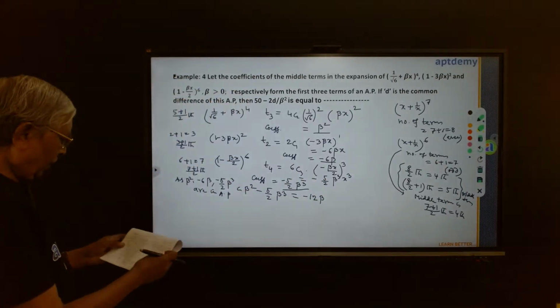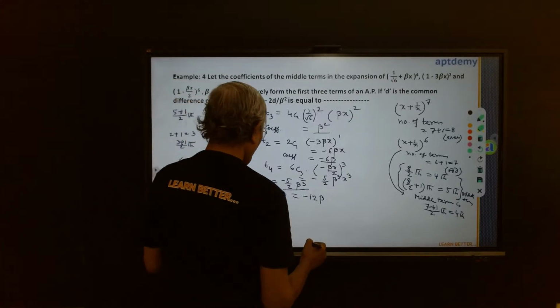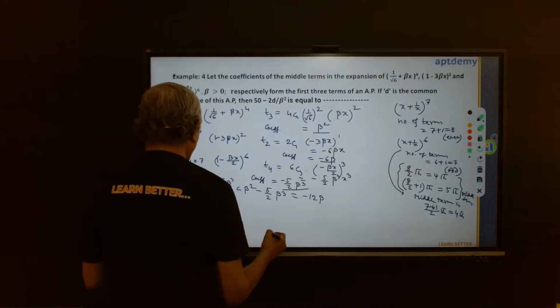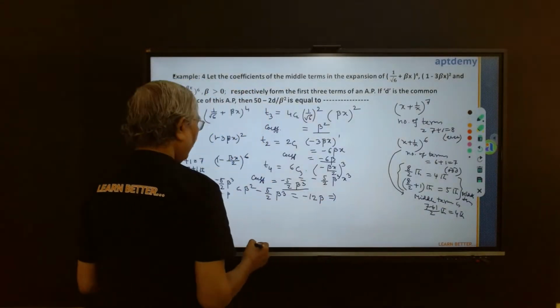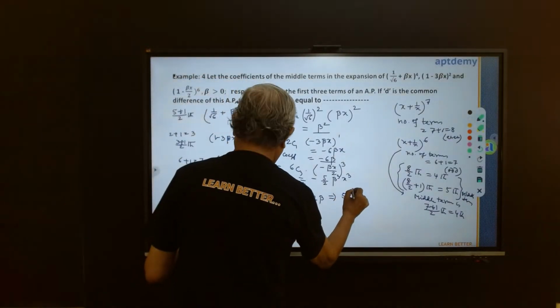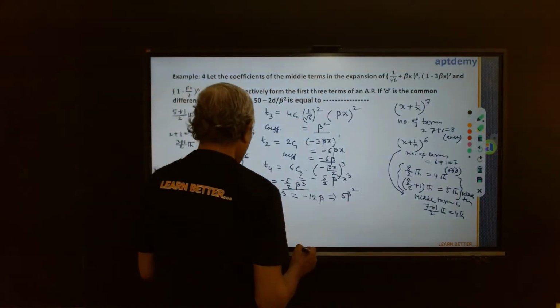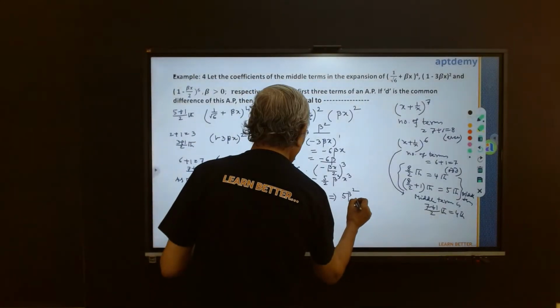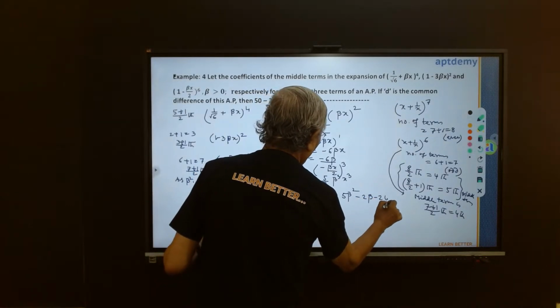Next, to solve this, you will get an equation: 5 beta squared minus 2 beta minus 24 equals 0.